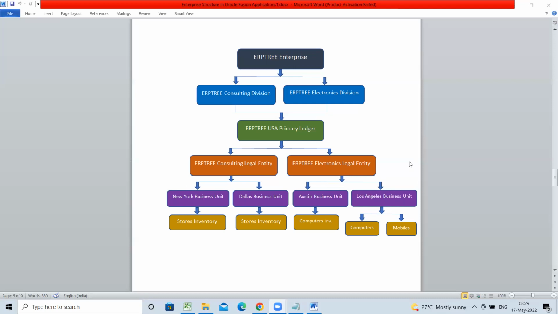Now you can find profitability or any reports BU-wise. If you want division-wise, run it for the consulting division, and you get data by combining these two BUs. That's all.